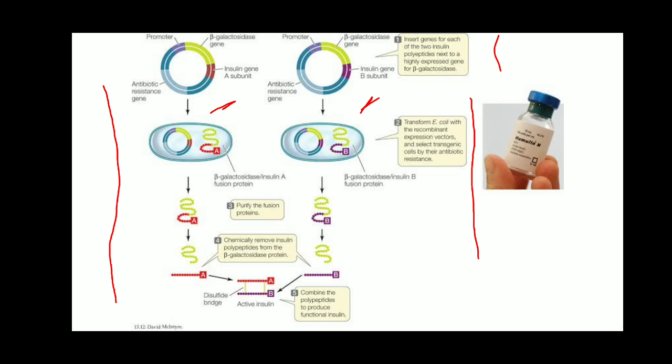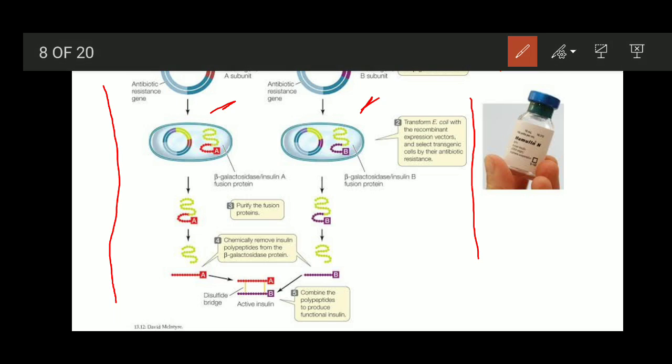Clear? So after the recombinant DNA, that is the vector with the gene of interest, is made, it is inserted into the E. coli cell using a gene transfer technique. It is inserted into the bacterial cells, chain A separately and chain B separately.